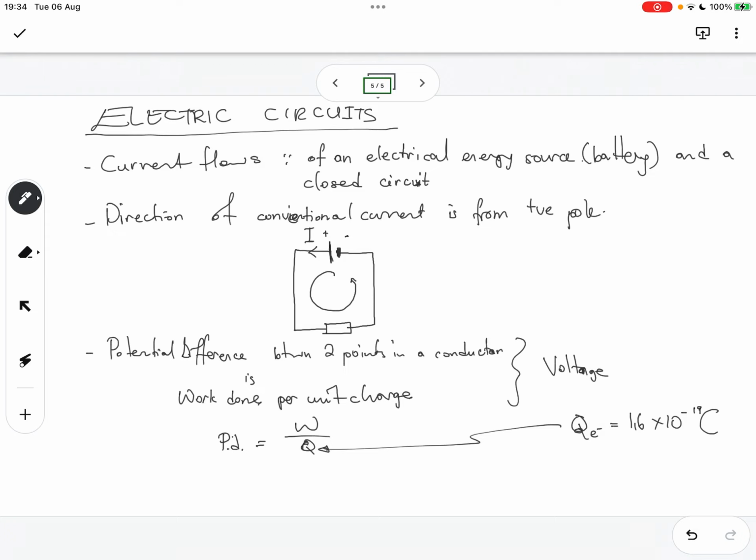But I would rather advise you to think about it like this: if you have a battery, like a Duracell, there isn't much movement of the substance inside the battery. But at an atomic level, that's where you get the movement of the electrons.